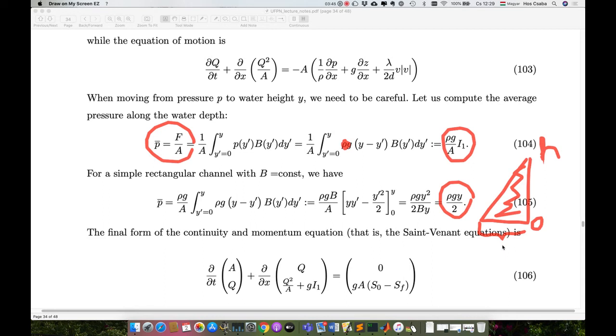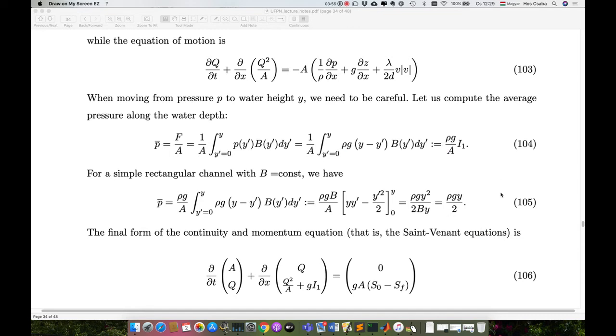So this is the case when you have a rectangular channel and B is constant, but you'll get different results, for instance, if you have a circular pipe, because then the channel width function will vary as you vary the water depth.